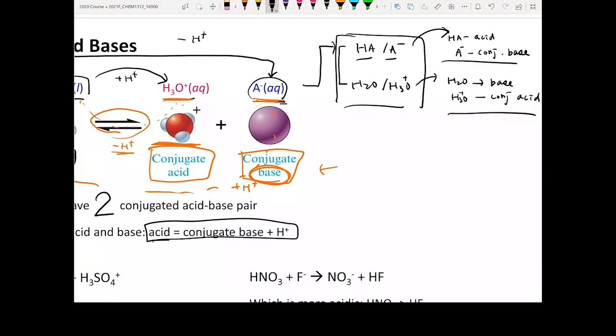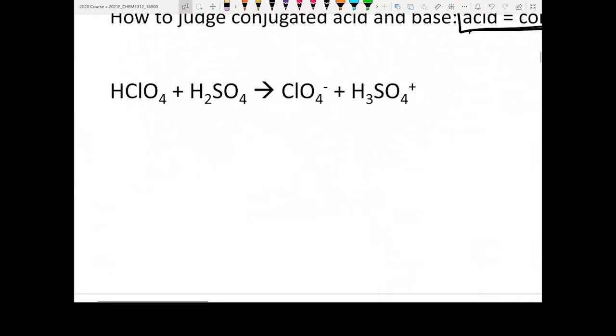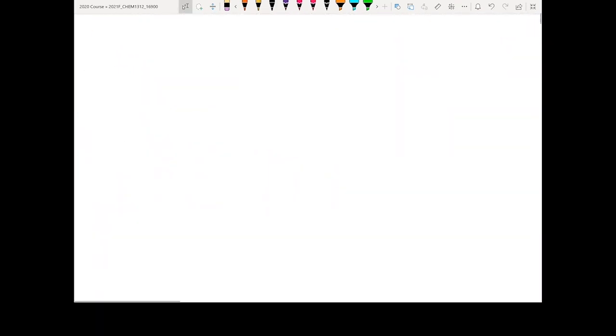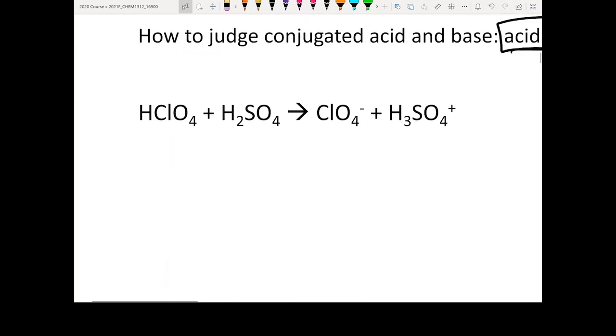The way you find your acid and conjugate base, they always follow this relationship: your acid is equal to your conjugate base plus H plus. So let's give you one example. If this is the equation you see, can you define the two acid-base pairs? From here we know this and this are a pair. This and that is another pair.